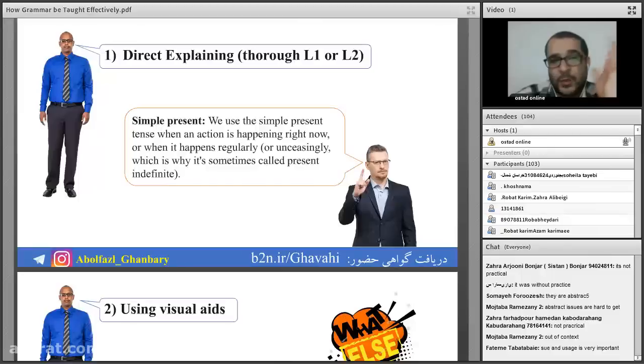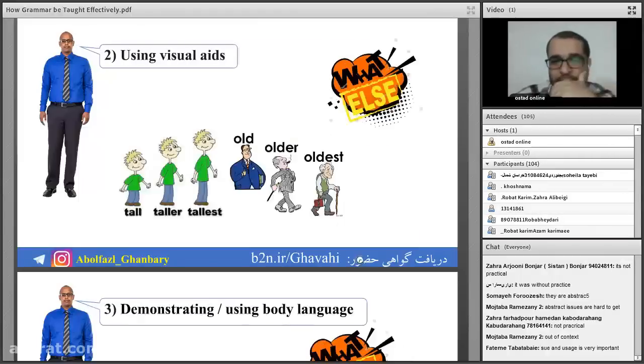We use it when an action is happening right now, or when it happens regularly, or blah, blah, blah. And this is direct explanation. And as you agree with me, it is not effective, especially at our level, for our learners.